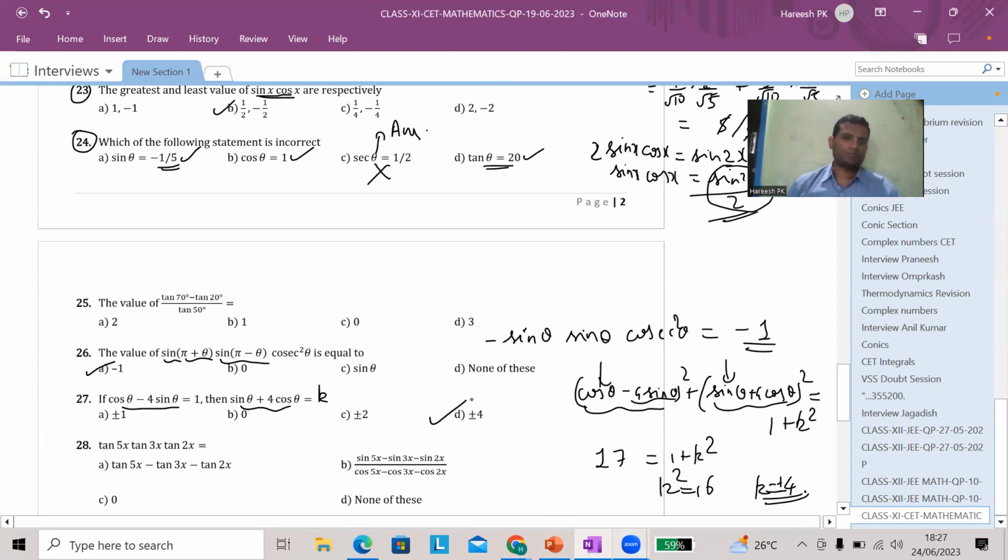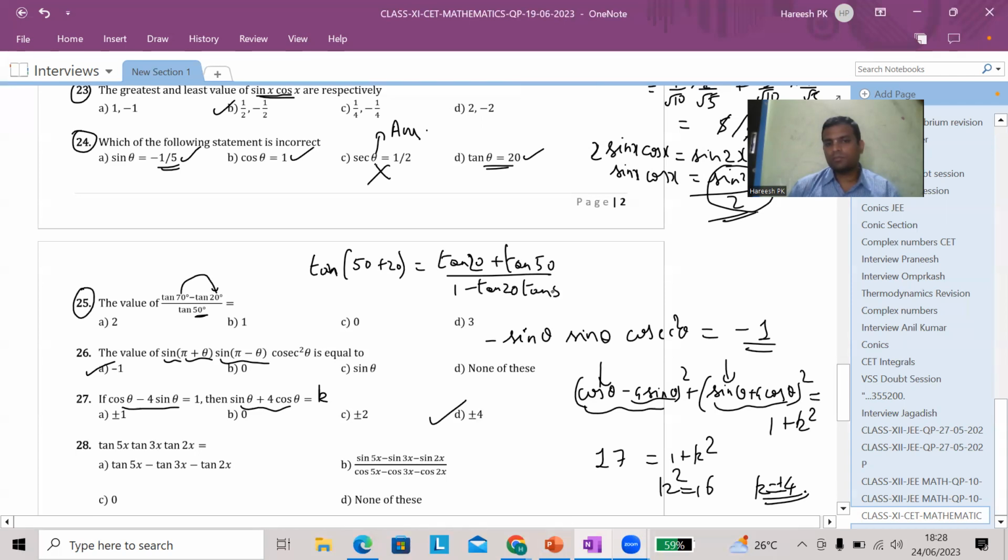Now how to solve 25th question. So we see that 70 minus 20 is 50. So start with tan A plus B formula. Now if you cross multiply this, you'll get tan 70 into 1, which is tan 70.